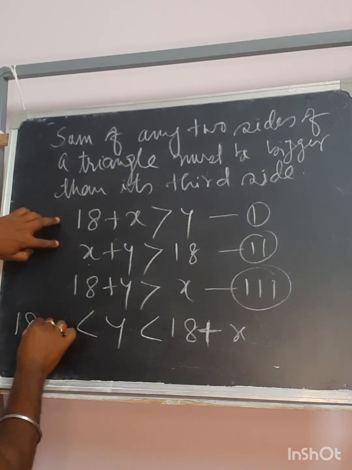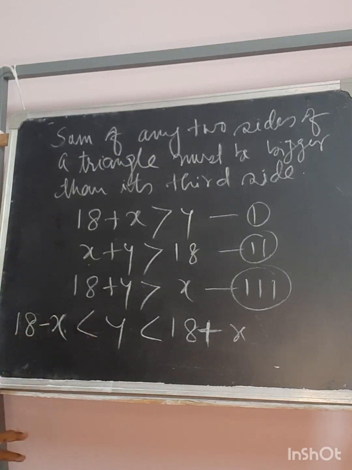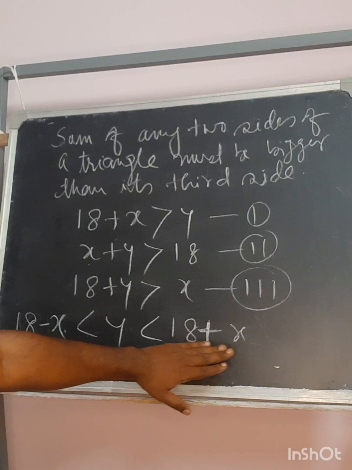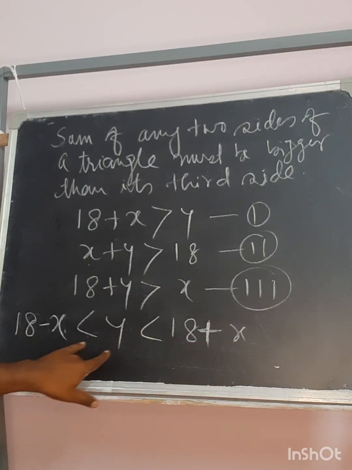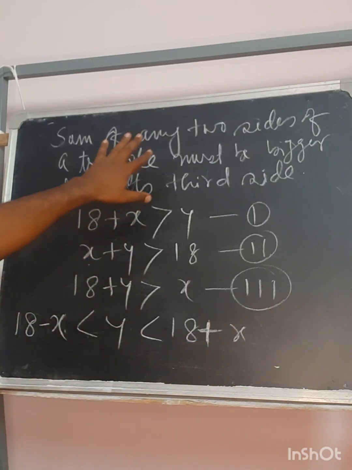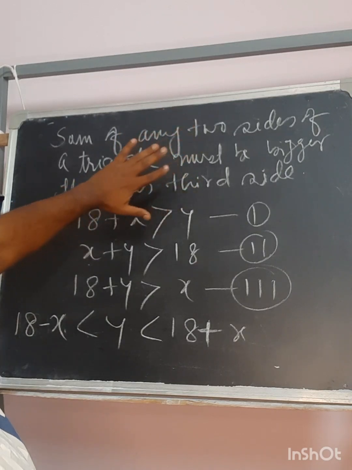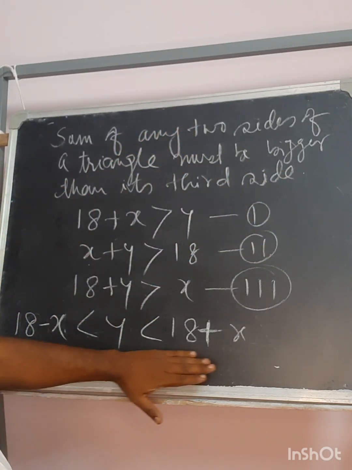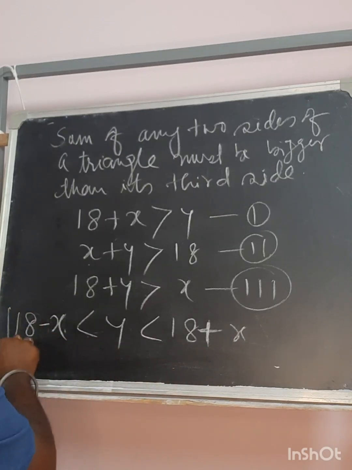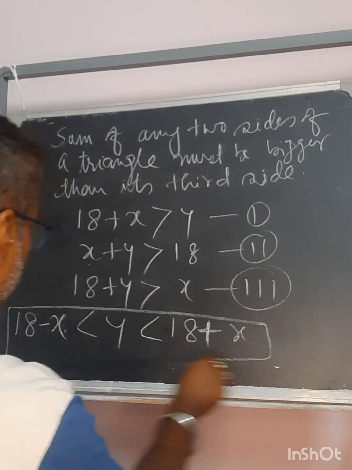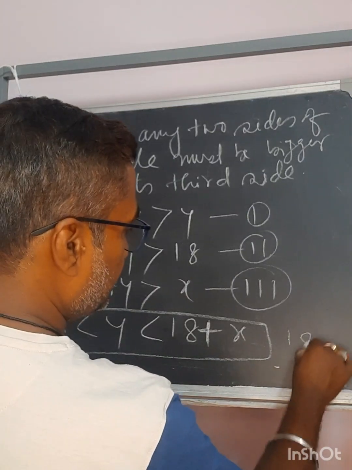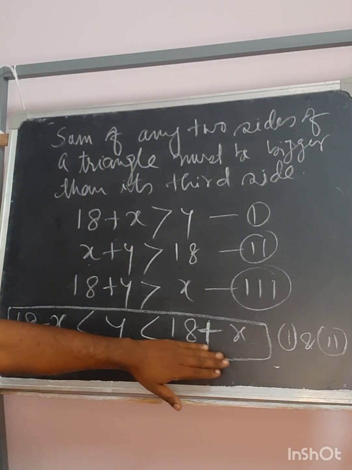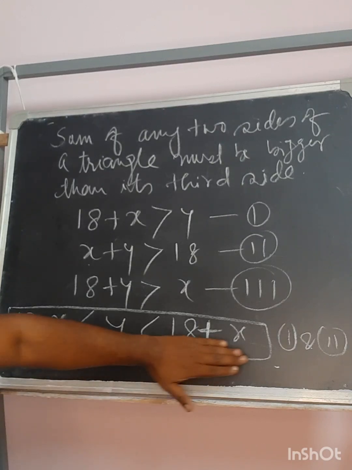I want to represent it in terms of x so that I can get a value, because y must have exactly 35 solutions. Considering equations 1 and 2, y is between 18 minus x and 18 plus x.